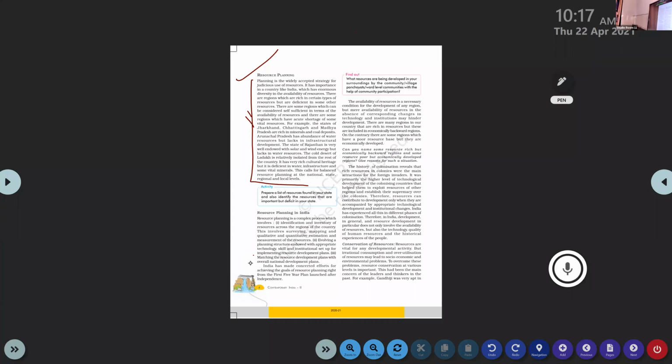What are the processes involved in resource planning in India? What are the processes which are included in resource planning? Or write the process which is included in resource planning.